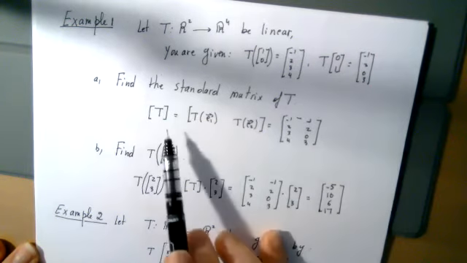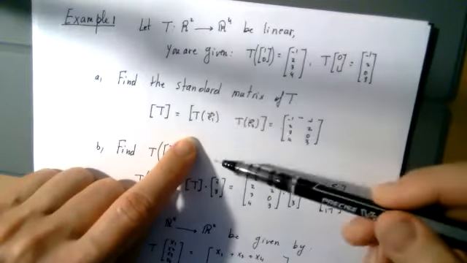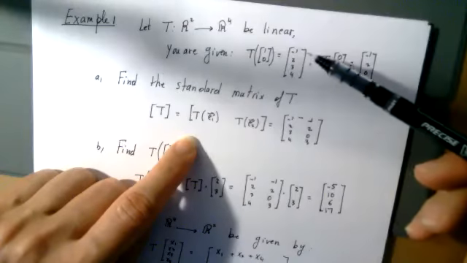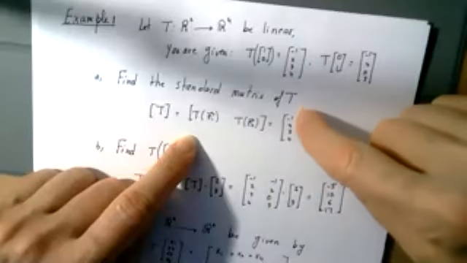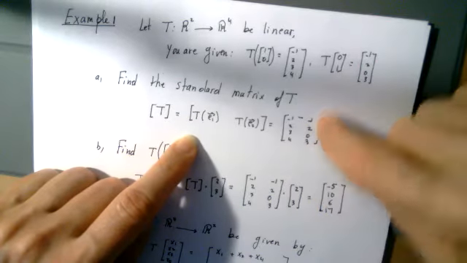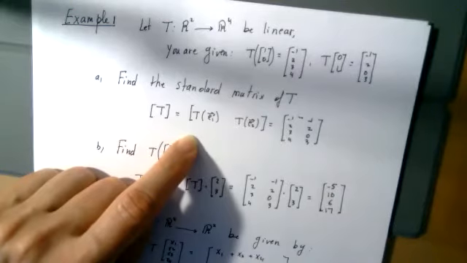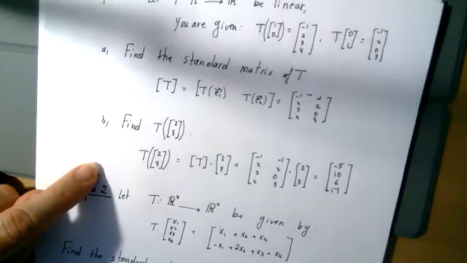So the standard matrix of T is nothing more than the matrix whose columns are T of E1 and T of E2. So what I put here is nothing more than T of E1, minus 1, 2, 3, 4. And what I'm putting here is nothing more than T of E2. So that's what we mean by the standard matrix. What's the benefit of the standard matrix? The standard matrix tells me the following.